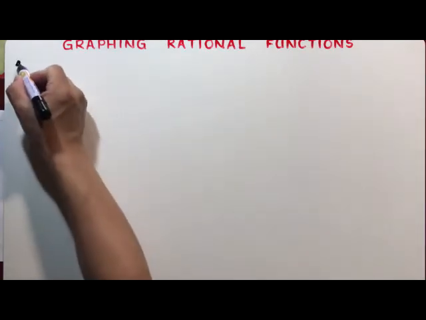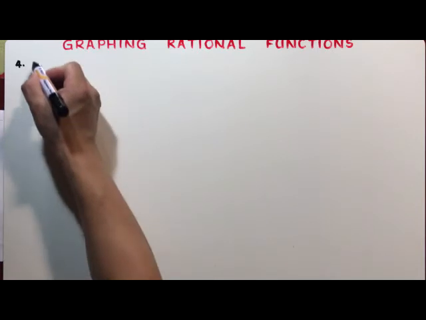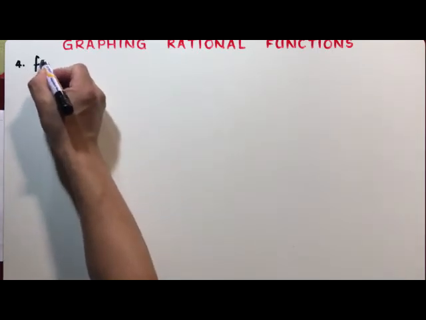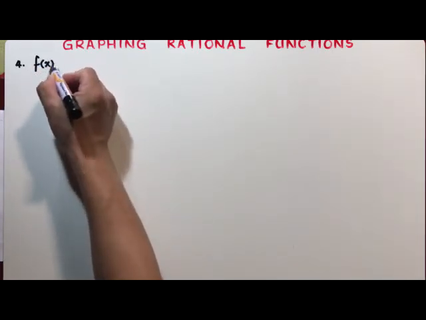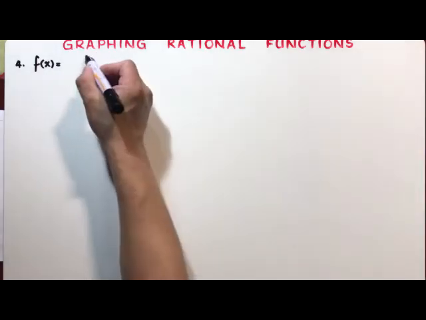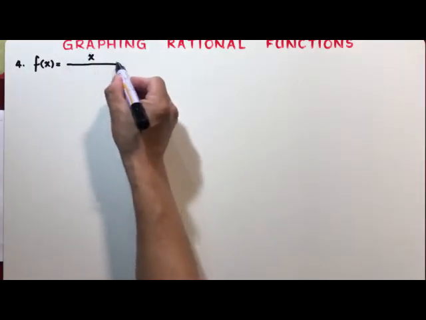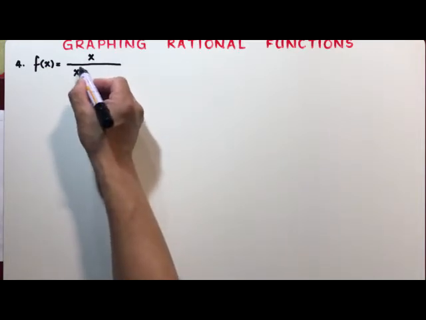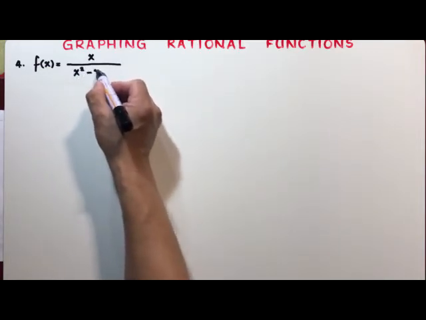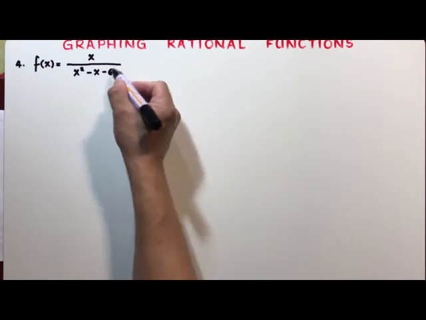Now, let's proceed to number 4 here. So, what is the graph of the rational function f of x, which is equal to x over x squared minus x minus 6 plus 2?